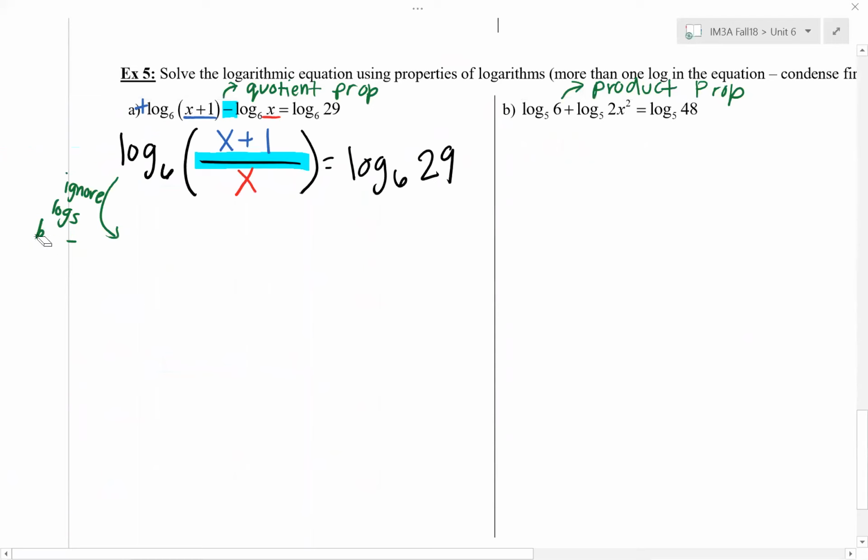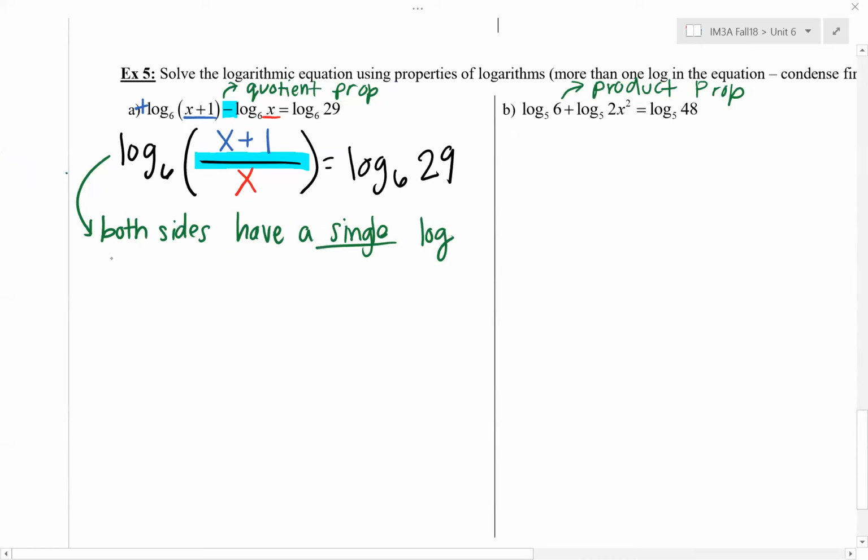Since I have both sides with a single log with the same base, that's why I can ignore the logs.